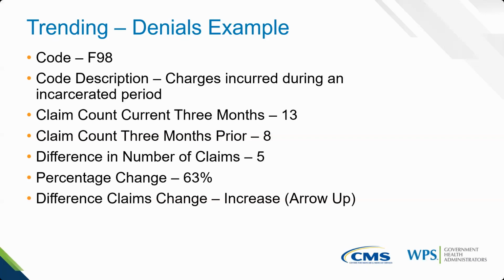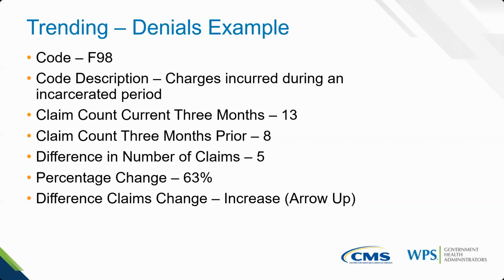This is great stuff, if you will, for people like Aline and me. We can look at this information and say, you know what, I need to write a news item on this so that people can avoid these rejections or denials in the future. I need to tell providers how to fix this rejection or how to appeal this claim, or just completely avoid it altogether.